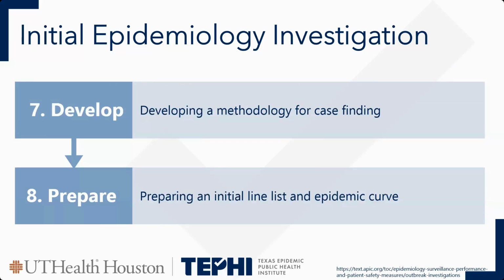If this is a patient, have they been in any other healthcare facilities? Have they been in acute care, long-term care, or a nursing facility? Gathering that information for your case definition is really imperative at this time. Also documenting when you started isolation measures, when you notified public health, that's always good record keeping as well. And then that will lead you into your line list and your epi curve.